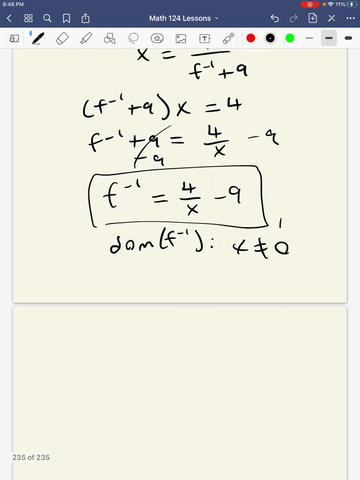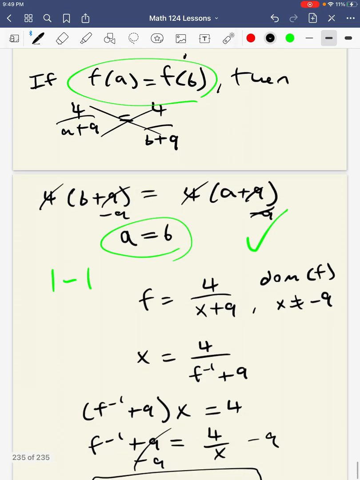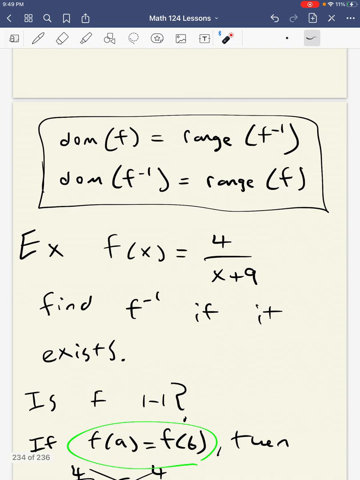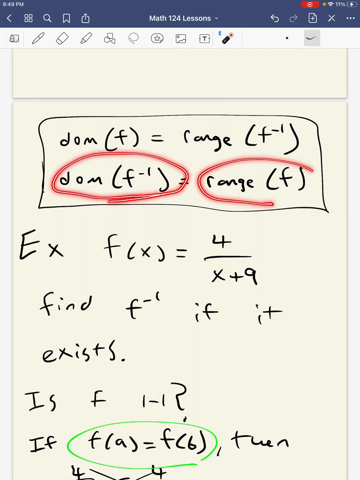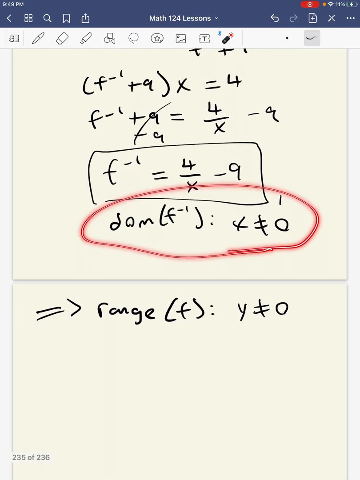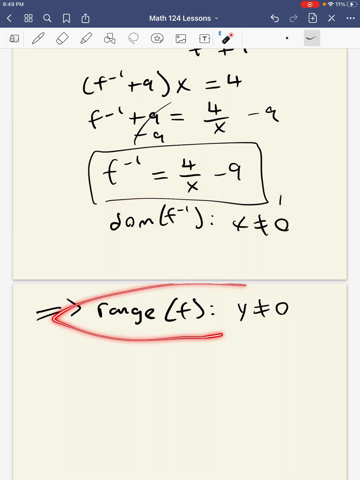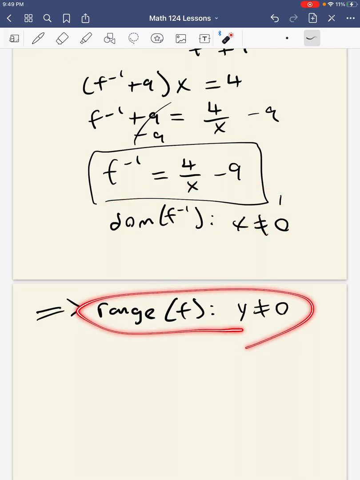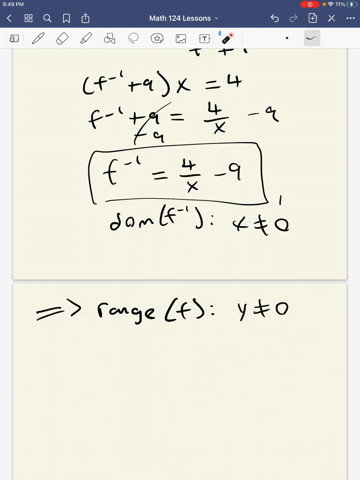Okay, and therefore, since we know the domain of the inverse, what this tells us is the range of the original function is all values except 0, right? Because as I mentioned earlier, the domain of the inverse is the range of the original. So since the domain of the inverse is all the values except 0, the range will be all the values except 0.